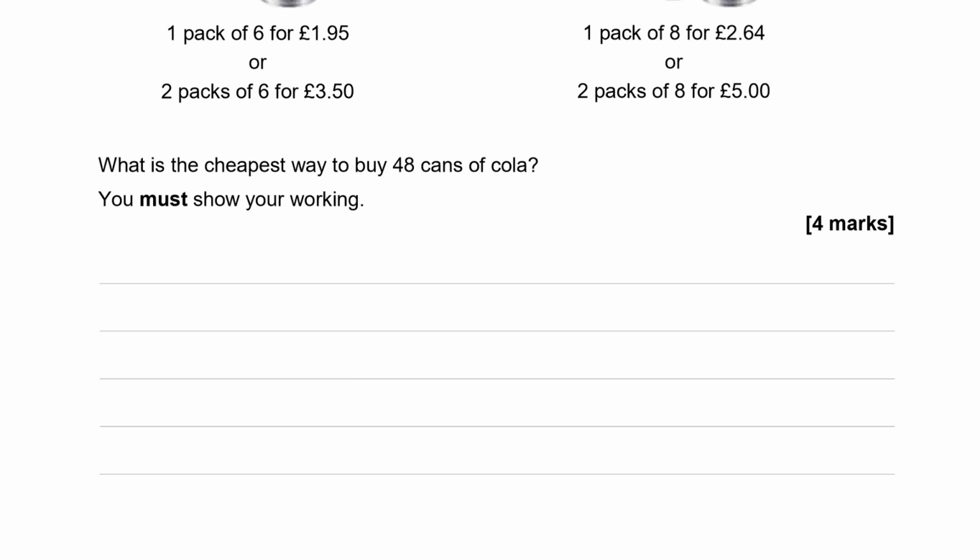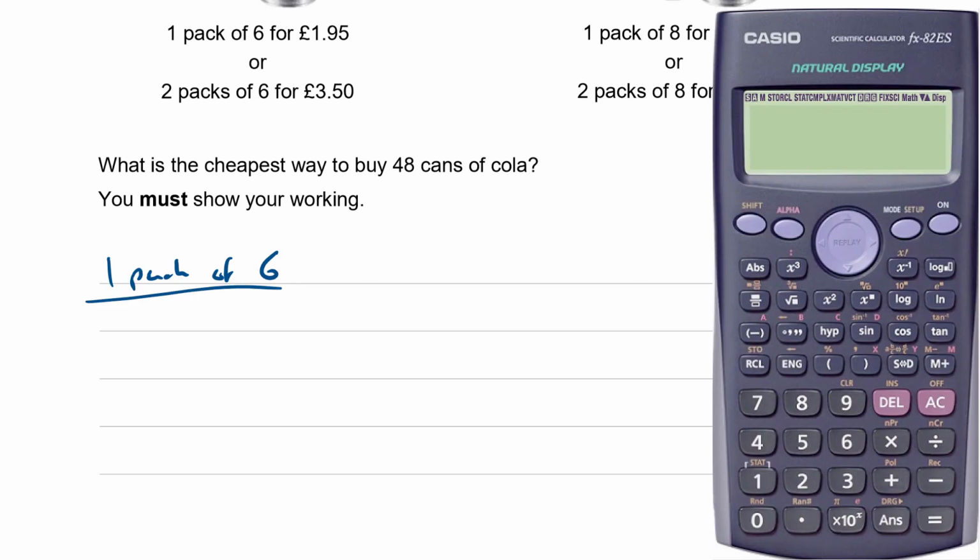So let's take the 1 pack of 6. So for my 1 pack of 6, I've got £1.95, which I need to divide by 6. So 1.95 divided by 6 gives me a unit cost of 0.325.